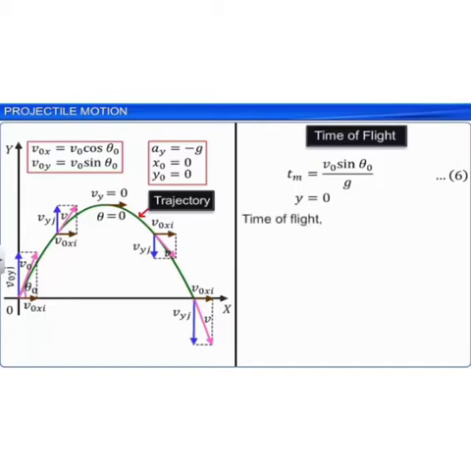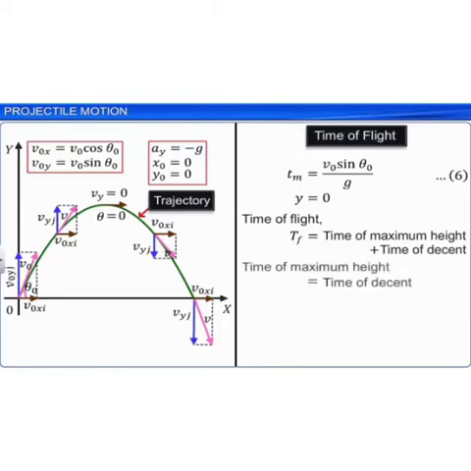By the symmetry of the parabolic path of the projectile, the time of maximum height is equal to the time of descent. Therefore, Tf is equal to 2Tm. On substitution, we get Tf is equal to 2 v0 sin theta 0 by g. Let this be equation 7.